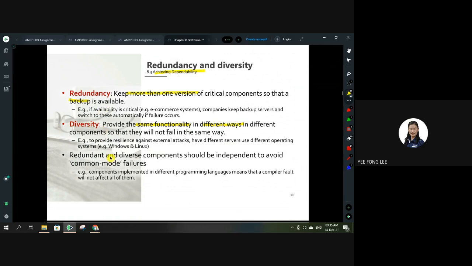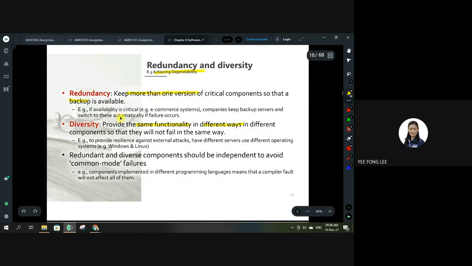Redundancy is a common approach to improve the reliability and also availability of the system. However, when adding redundant copies, more versions, it might also increase the cost and at the same time increase the complexity of the system design.